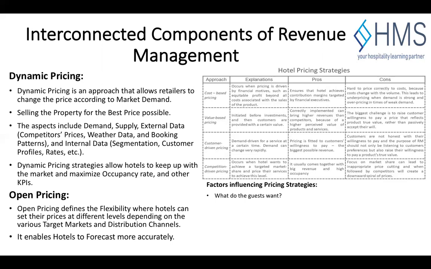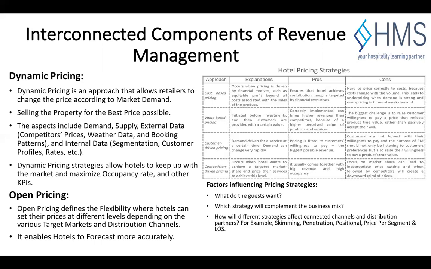So now what are the factors that are influencing pricing strategies? We need to understand what the guests want and what strategy will complement the business mix. How will different strategies affect the connected channels and distribution partners? Now, there are certain examples such as skimming pricing strategy for positioning a hotel amongst the most expensive, and price leaders often achieve among the highest profitability.